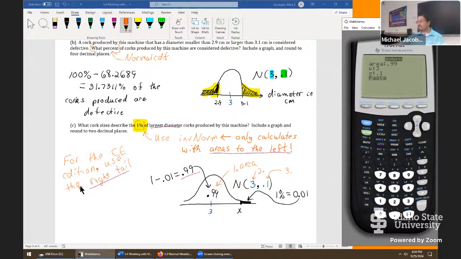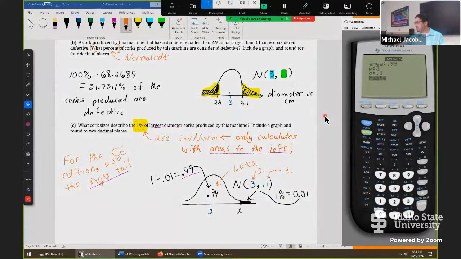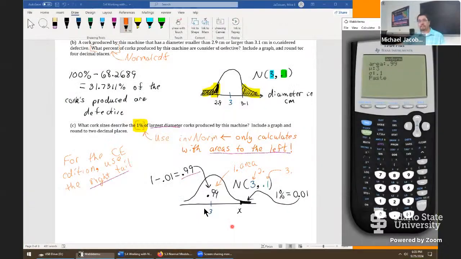Now, if you're using the CE edition, if you select the left tail and 0.99, you're doing it exactly the way we're doing. So mine says 0.67. Oh, interesting. Let me take a quick screenshot here.